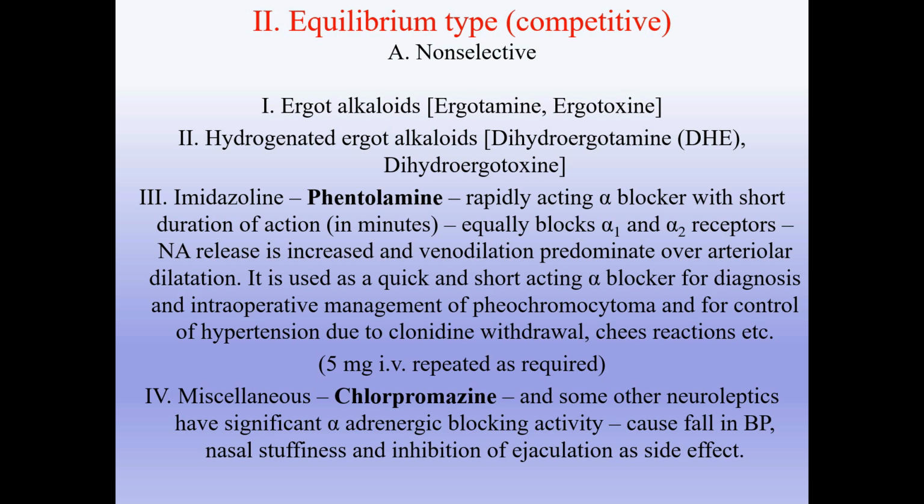It is used as a quick and short-acting alpha blocker for diagnosis and intraoperative management of pheochromocytoma and for control of hypertension due to clonidine withdrawal, cheese reaction, etc. 5 mg IV, repeated as required. Chlorpromazine and some other neuroleptics have significant alpha-adrenergic blocking activity, causing fall in BP, nasal stuffiness, and inhibition of ejaculation as side effects.